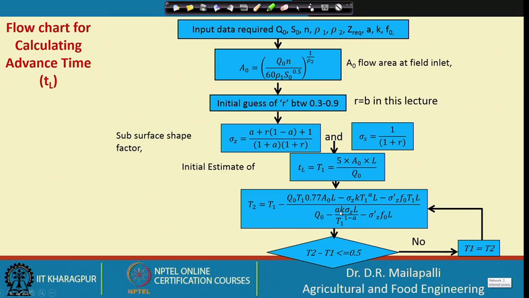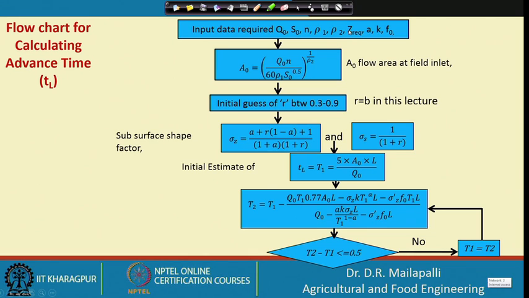Okay. So, this flow chart clearly shows the input data required: Q naught, S naught (slope), roughness coefficient, shape parameters and Z required. This is what we expect in the subsurface.